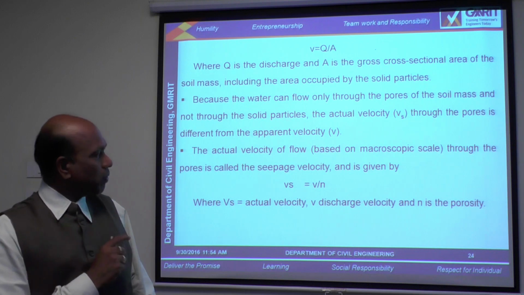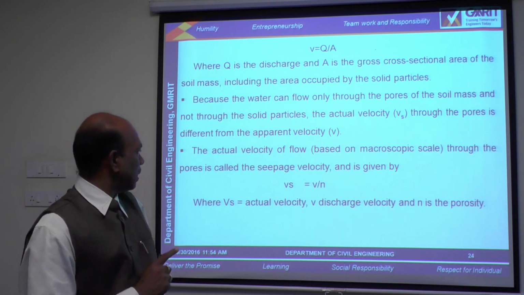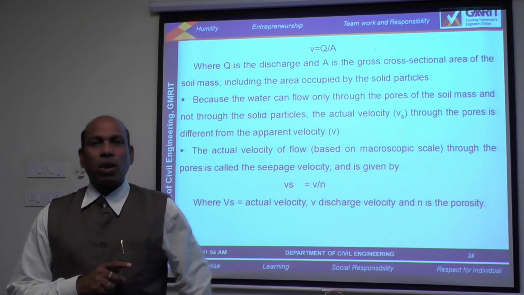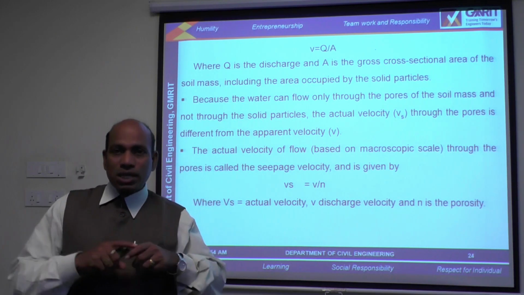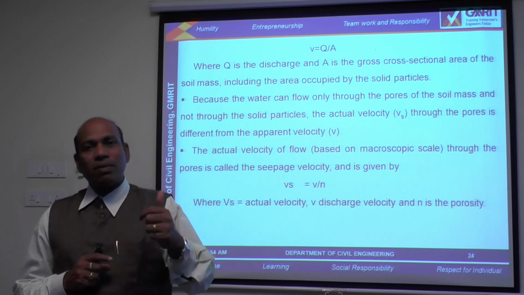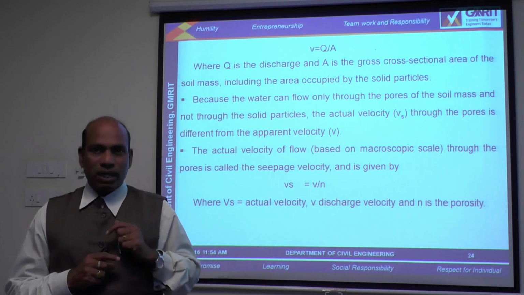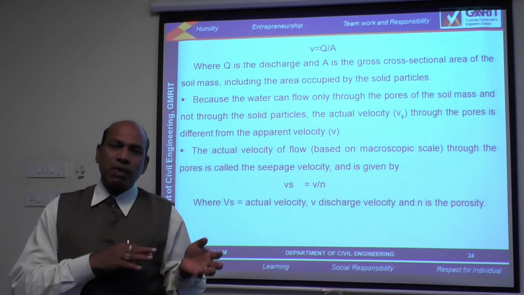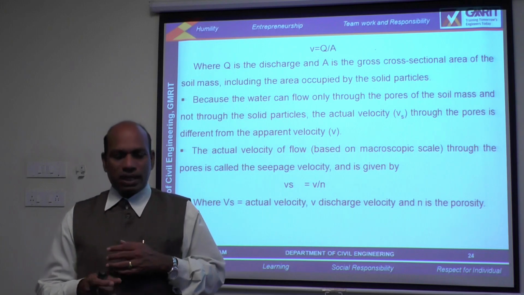Therefore, the actual velocity through the pores is called the seepage velocity, right? So for the determination of actual velocity, we divide the apparent velocity by porosity. If the porosity is equal to 100%, this actual velocity or seepage velocity is almost equal to the apparent velocity or discharge velocity. If the porosity is 50%, the seepage velocity is different from the apparent velocity.